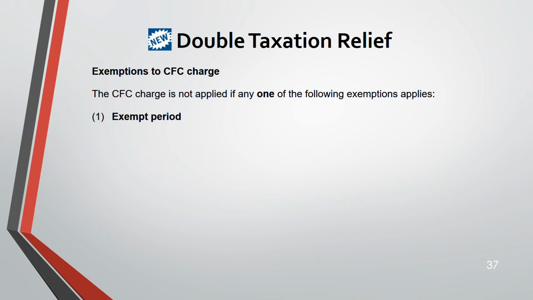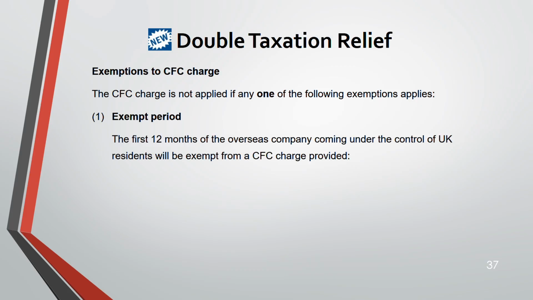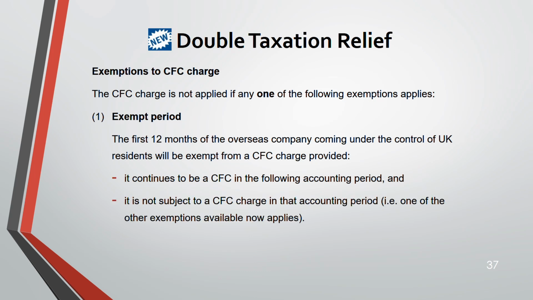First, exempt period. The period itself is exempt. That means the first 12 months of the overseas company coming under the control of a UK resident will be exempt from a CFC charge, provided it continues to be a CFC in the following accounting period and it is not subject to a CFC charge in that accounting period.